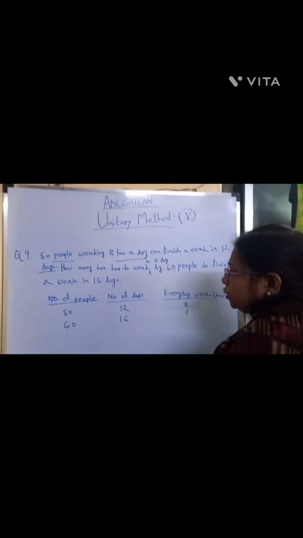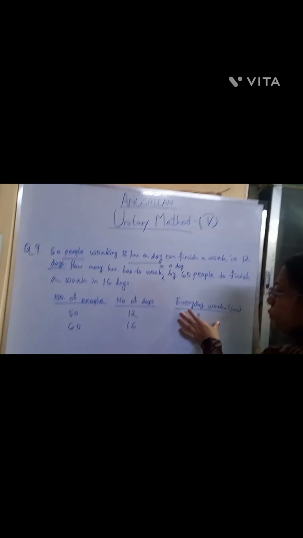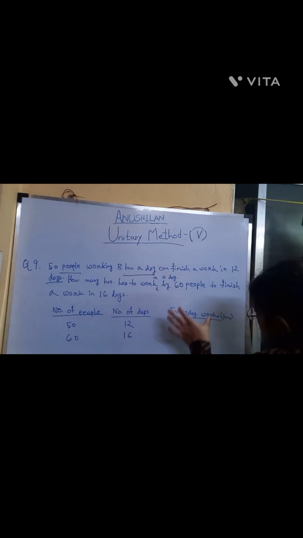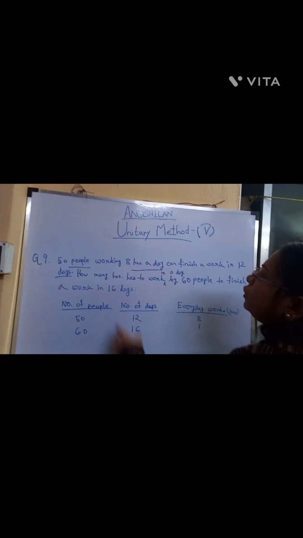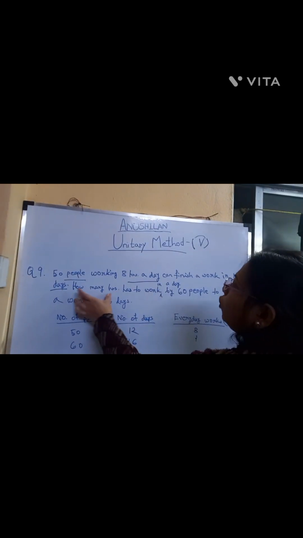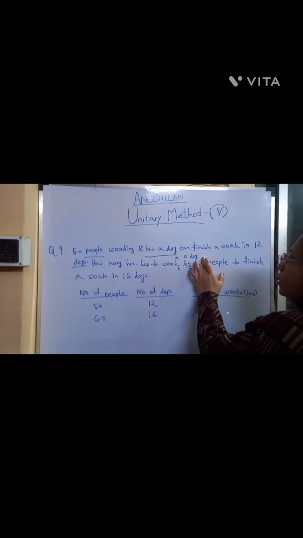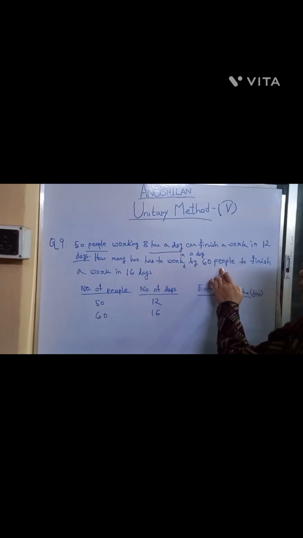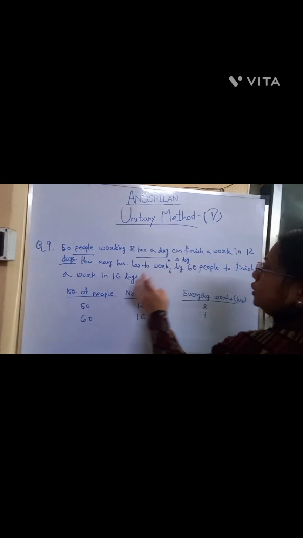Write the tabular structure: number of people, number of days, everyday work. If you first make the tabular structure, then the problem becomes easy to solve. The second line: how many hours has to work in a day by 60 people to finish a work in 16 days?